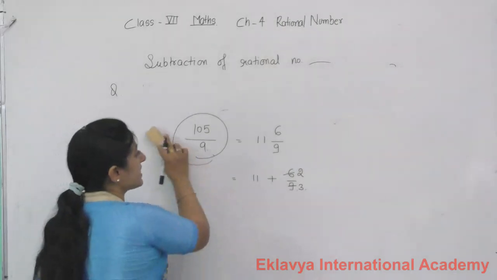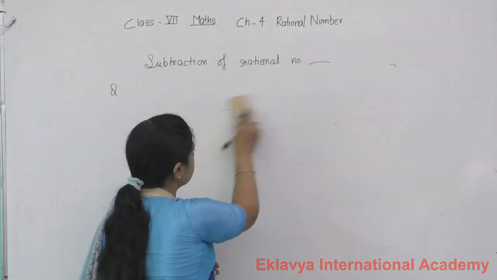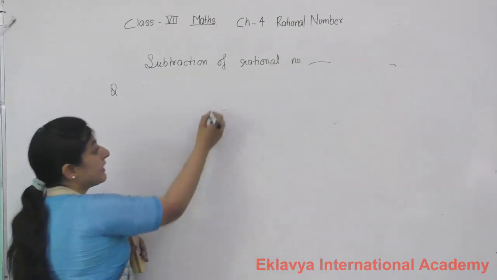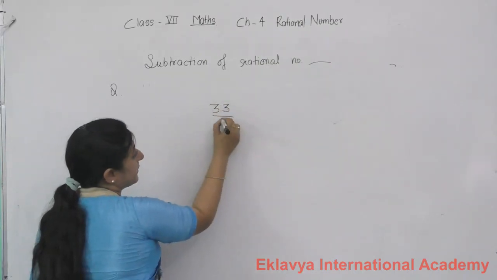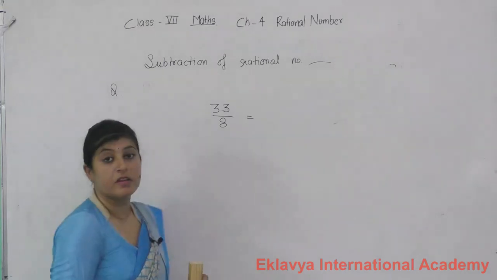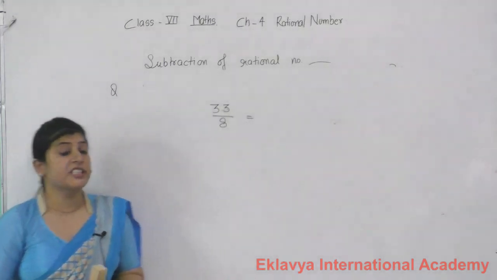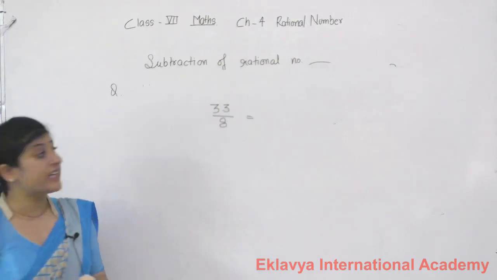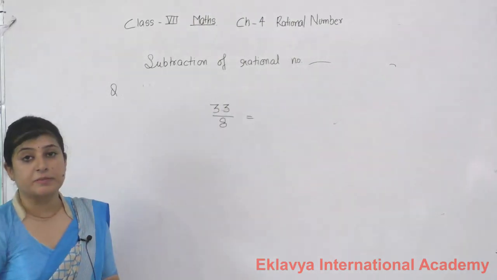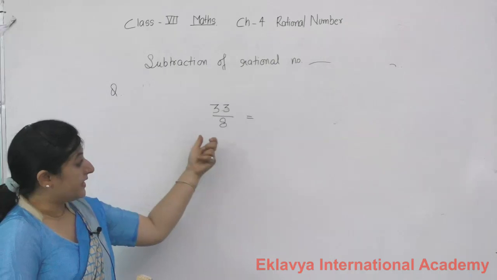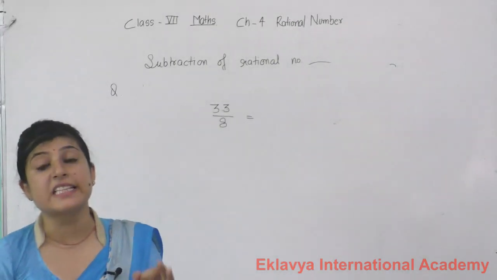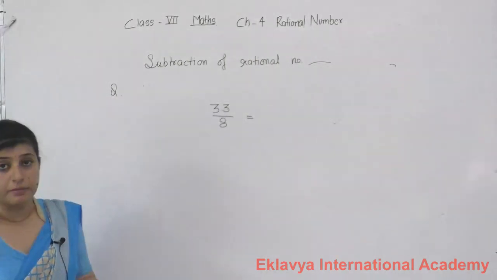We take another example, 33 by 8. We want to change it into a sum of two rational numbers, a sum of an integer and a rational number. In this we want one number to be an integer and the second number to be a rational number.